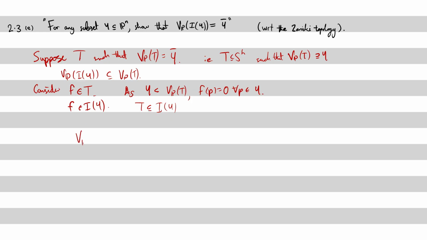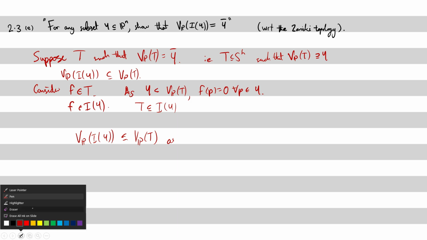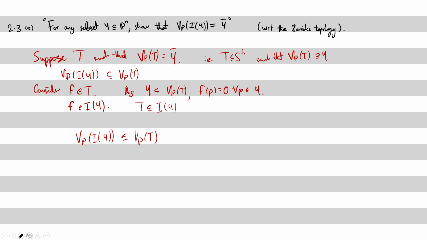Therefore, VPI of y is contained within VP of t by part B. But this would violate the minimality of the closure.